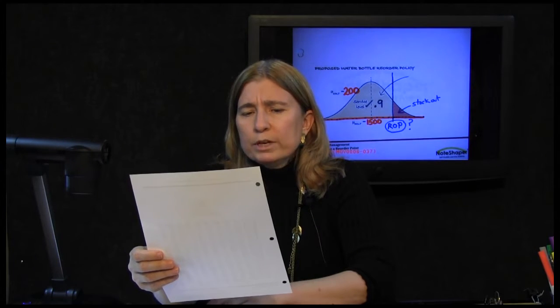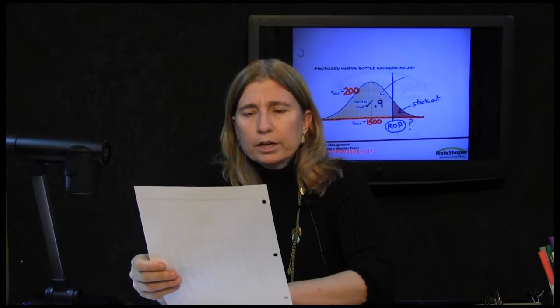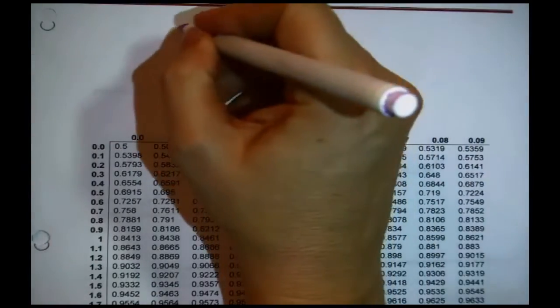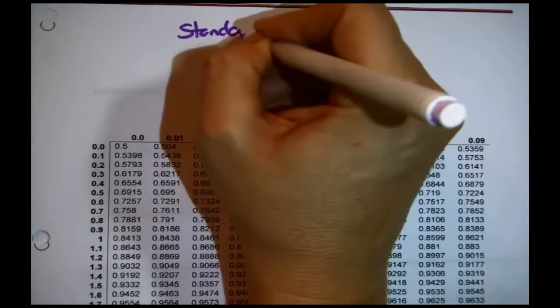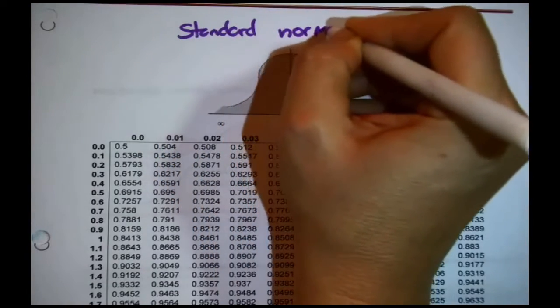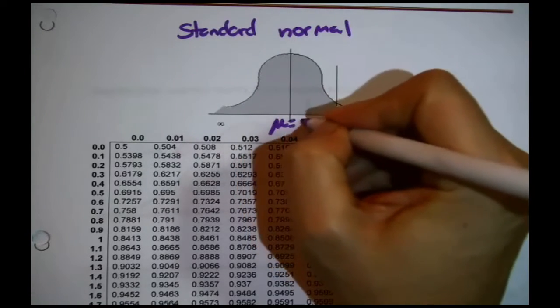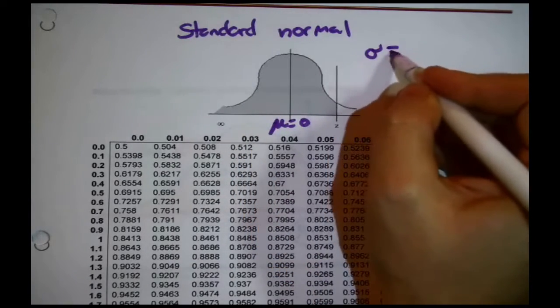We do have some readings here concerning the area of the curve to the left and to the right of a particular point, but it's not for our curve. If you have printed out the note frame, this is the second page. This is the standard normal curve, a very particular kind of curve in which the center is 0 and the standard deviation is 1.